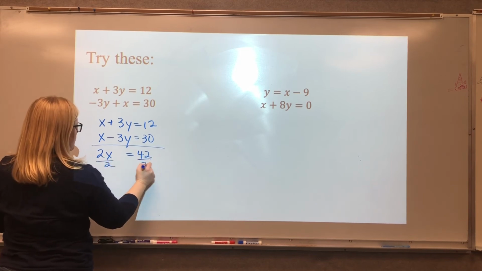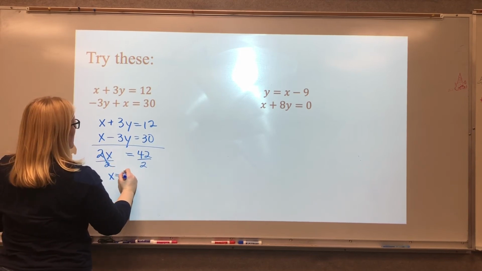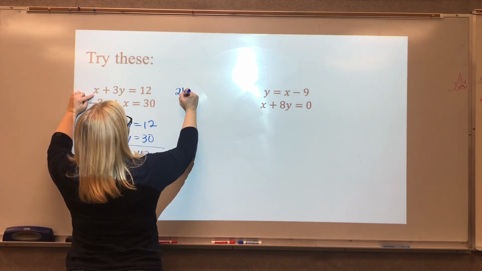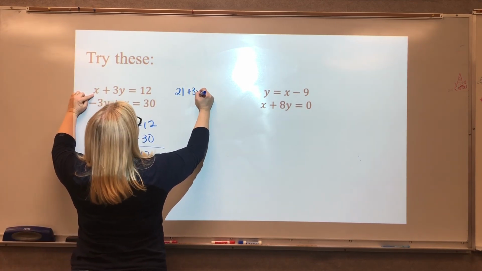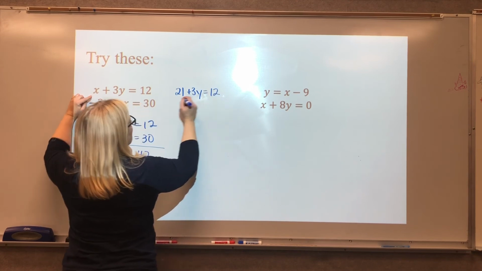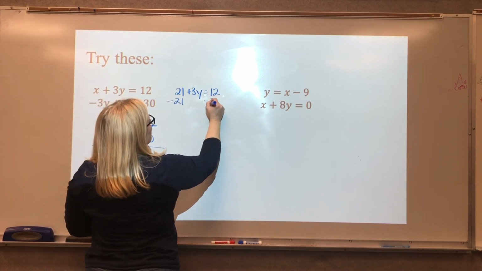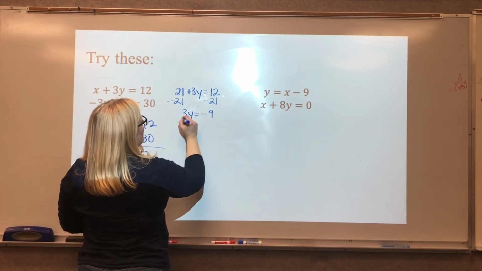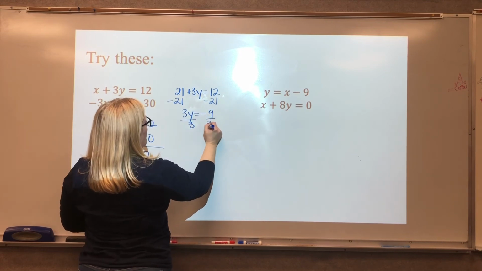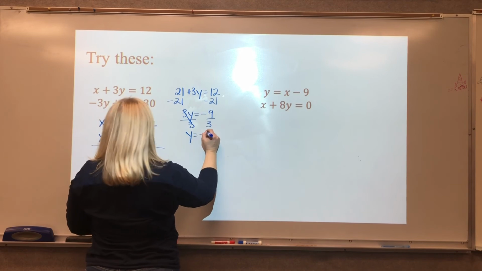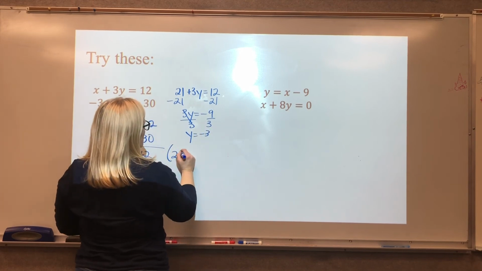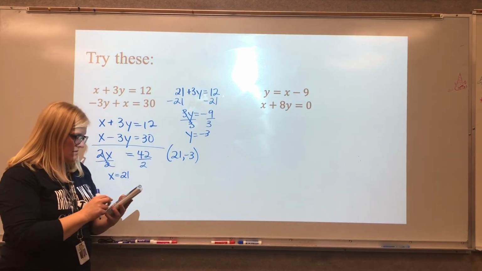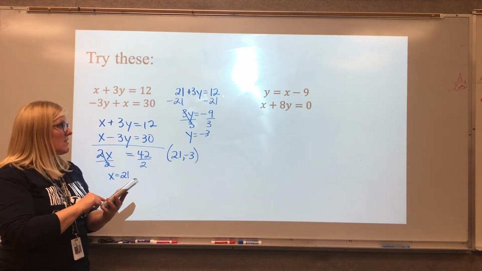Divided by 2, x equals 21. And if I plug that in here, I've got 21 plus 3y equals 12, minus 21, 3y equals negative 9, divide by 3, y equals negative 3. So my answer is 21, negative 3.